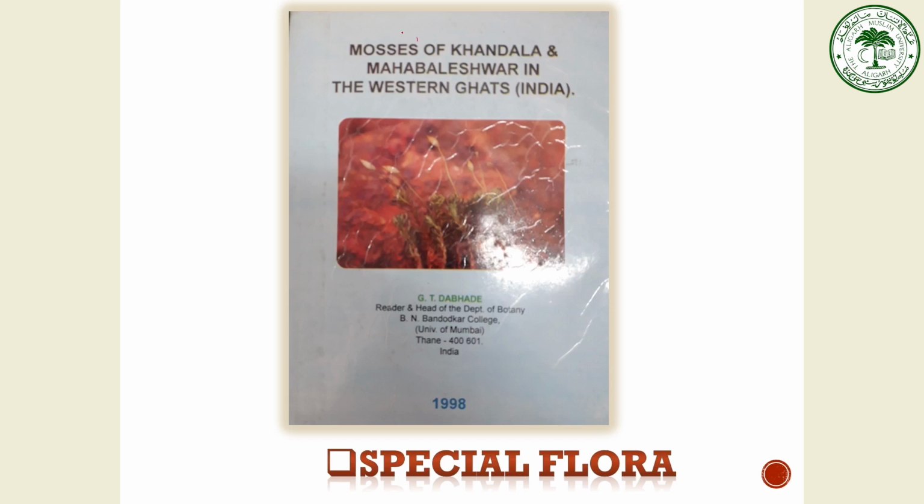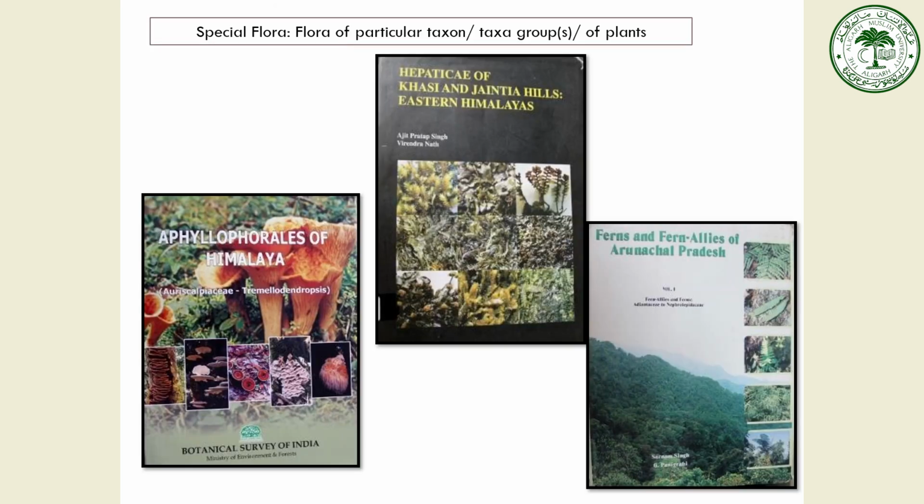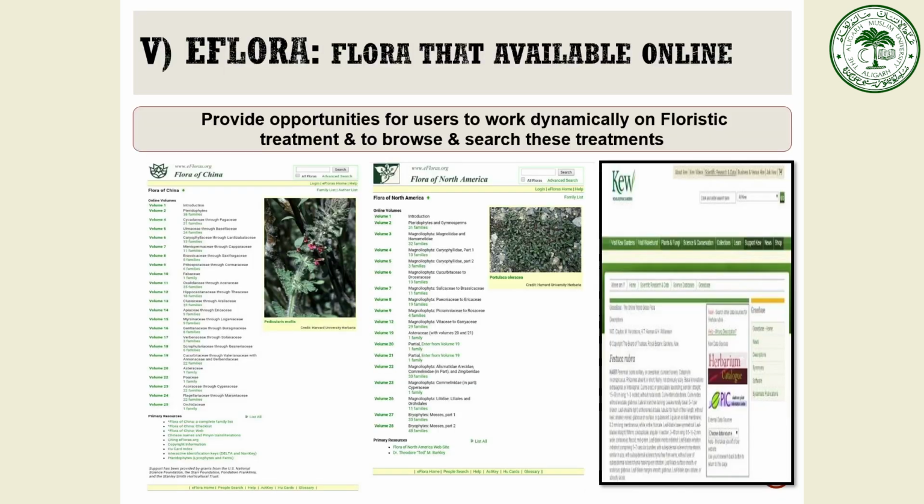So this is covering only mosses, only one group of the bryophytes. Other examples of special flora of a particular taxon are the Aphyllophorales of Himalaya, Hepatics of the Khasi and Jaintia Hills, then Ferns and Allies of Arunachal Pradesh. These are all special types of floras that are published.